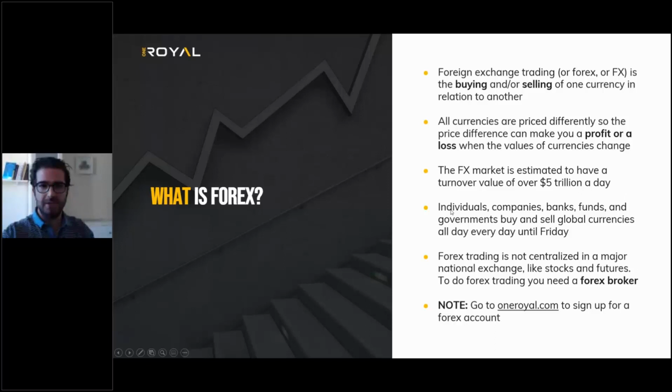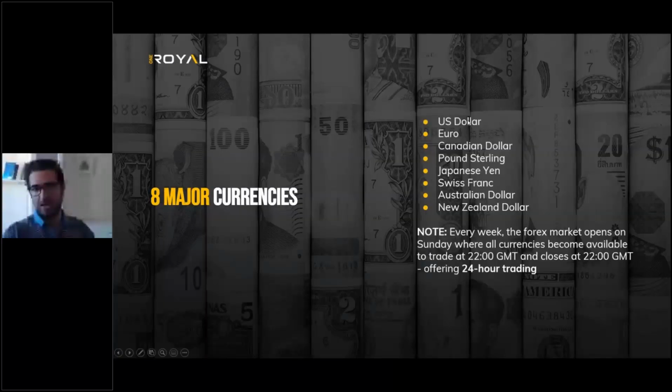Now let's discuss the 8 major currencies. We have 8 major currencies, which are the US dollar, euro, Canadian dollar, pound sterling, Japanese yen, Swiss franc, Australian dollar, and New Zealand dollar. They are considered major because they represent the biggest economies in the world.